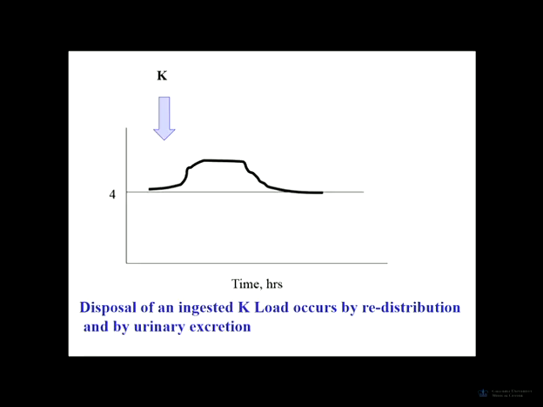If we eat potassium and you look at the plasma potassium over a period of a few hours, you will see that the plasma potassium goes up from, let's say, the average of 4 to maybe 4.5 or something like that. But then it will disappear. So why does it go down? Well, it goes down because some of it goes into the intracellular space, and some of it is excreted in the urine.